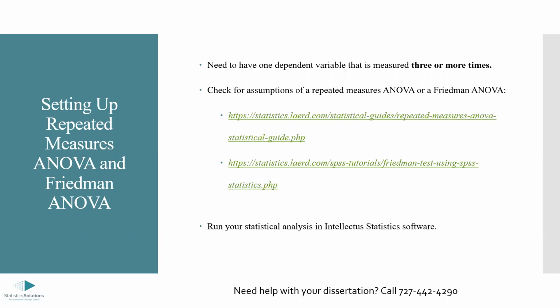You have to account for potential attrition. When you have that many time points, you can't always expect the participants to return for the follow-ups, so it's good to overestimate your sample size. I would aim higher than you would normally need. Then we have the links for the assumptions.